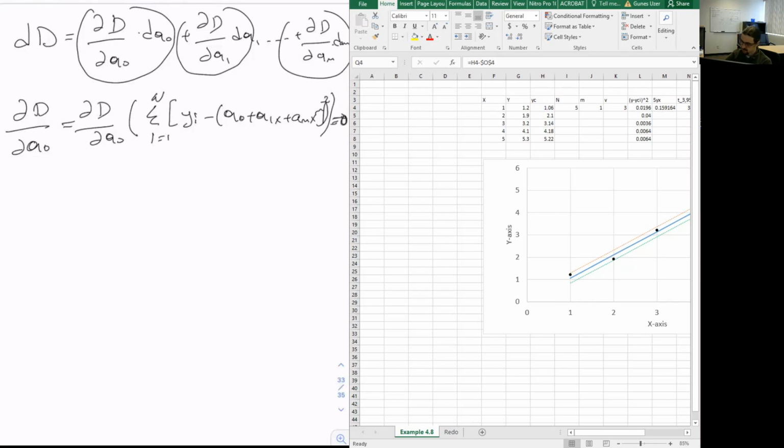We can do the same for partial d partial a1. Okay, that'll be again the same thing.